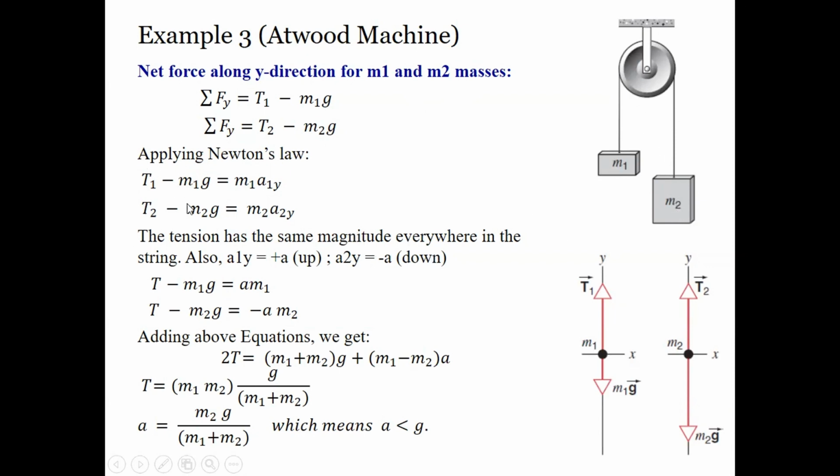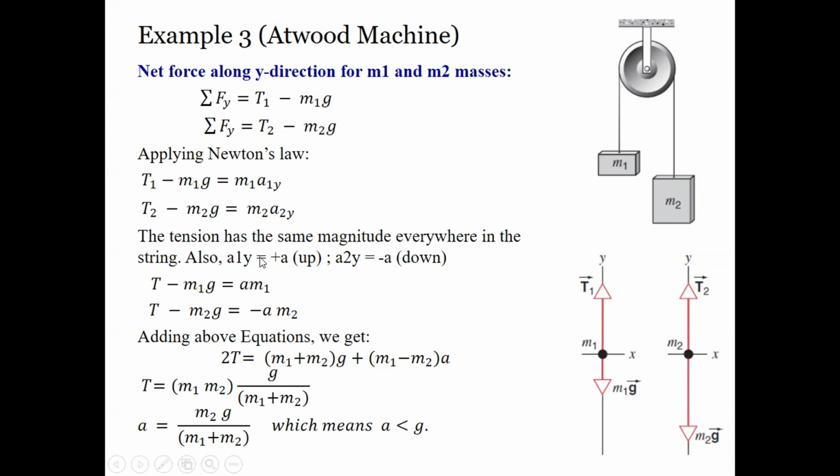So it is not T1, it is not T2, it is simply T. Similarly, the acceleration along y1 and y2 is the same for the mass M1 and mass M2, and it is equal to, say, minus A. Therefore, we write it down as A or minus A.